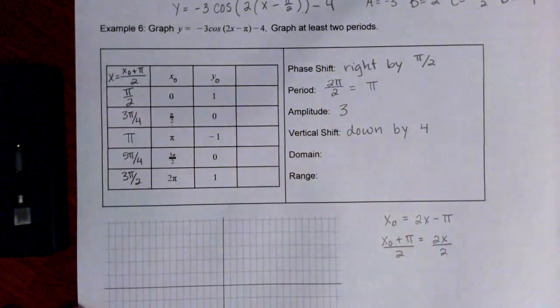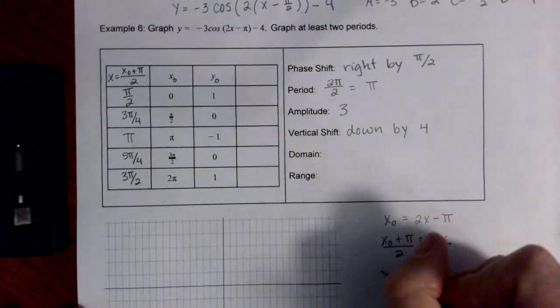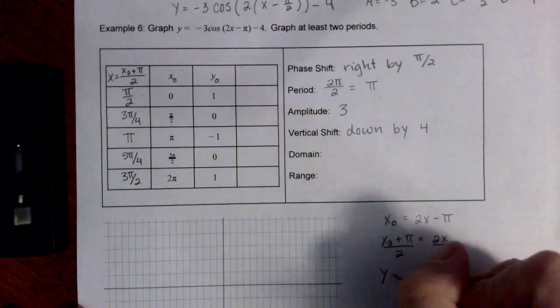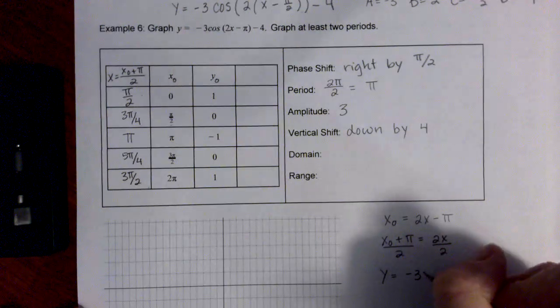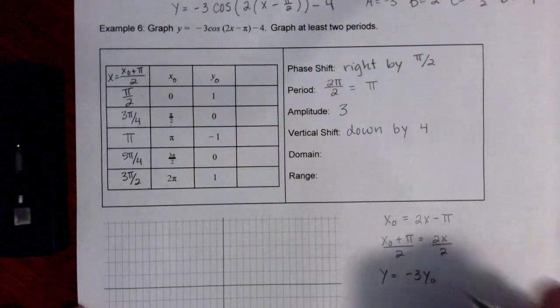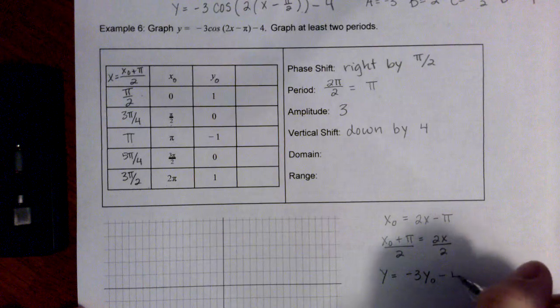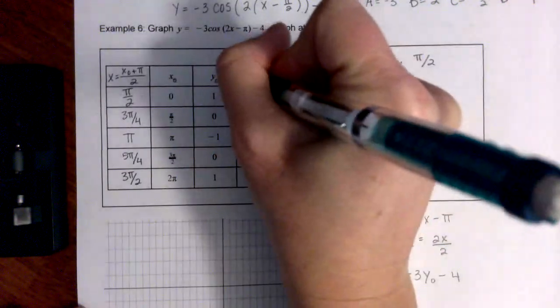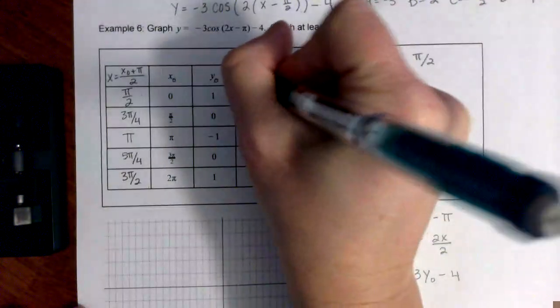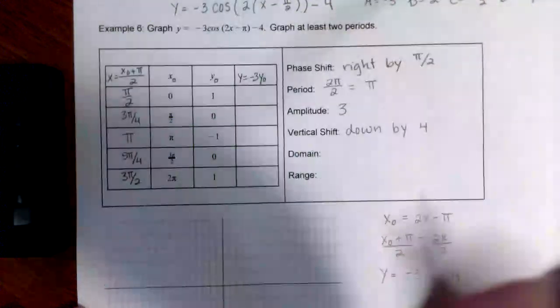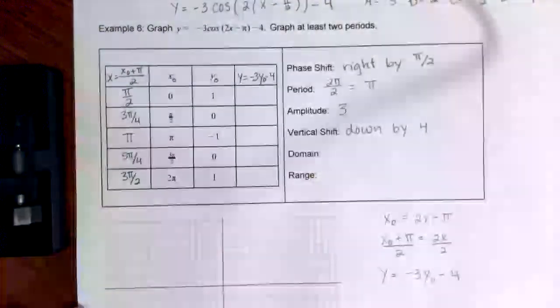Okay, now my y. My y is going to be -3 times my original y minus 4. So y is going to be -3 y sub 0 minus 4.